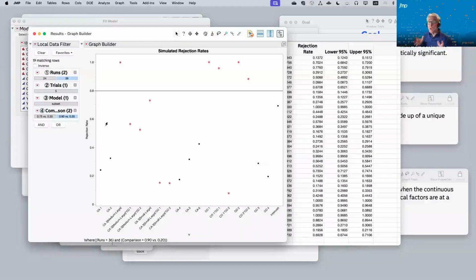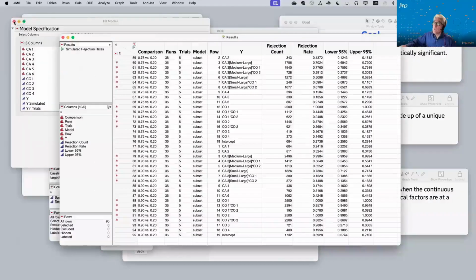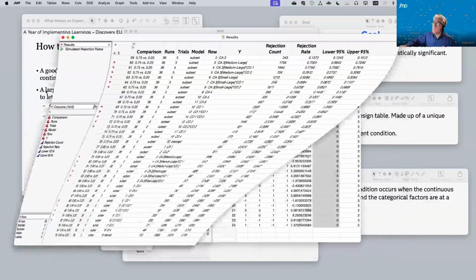So again, these are all what if scenarios that you can use JMP to simulate to say, okay, this looks good. This is good enough for me to go with this number of runs, this number of trials. Oh, maybe I need to try to add some more runs. Maybe I need to add more trials and so on because my power is too low, or I'm good to go where I am.